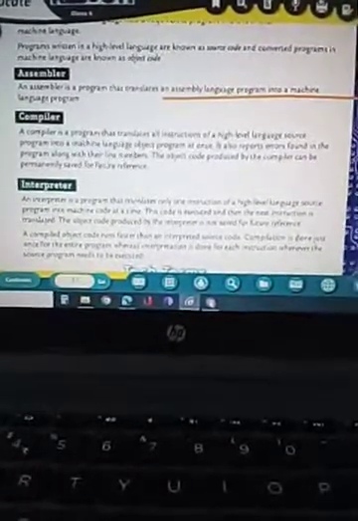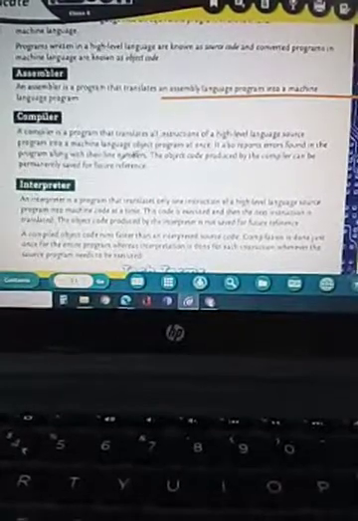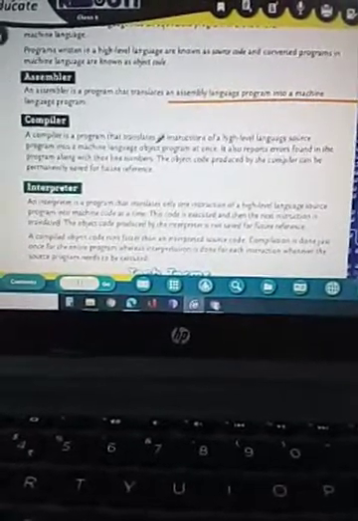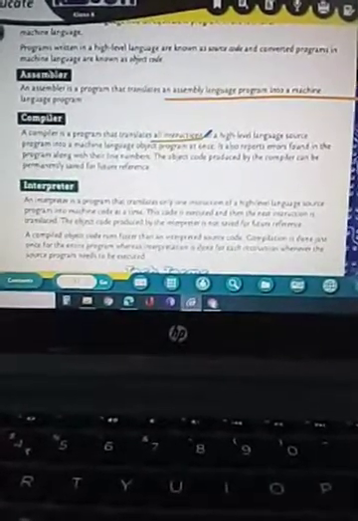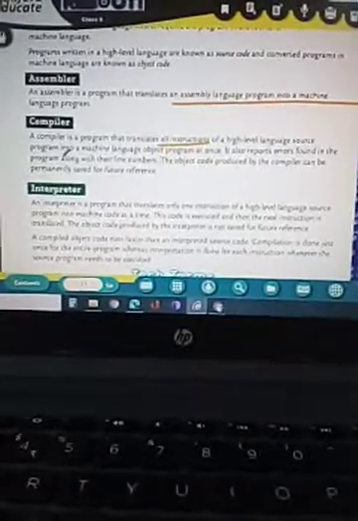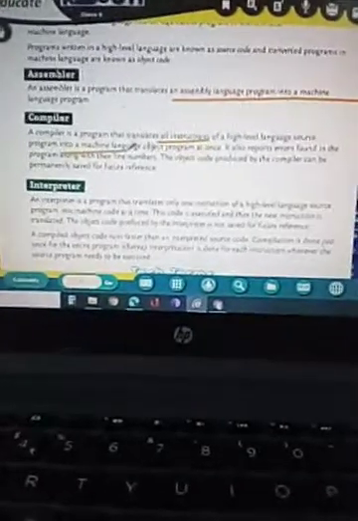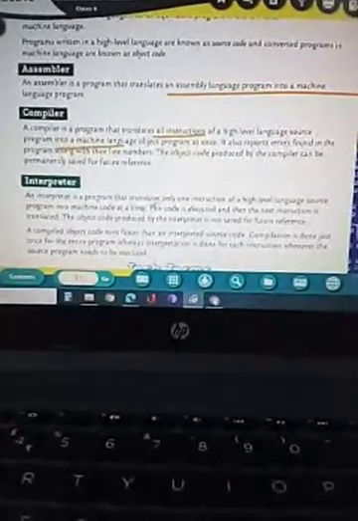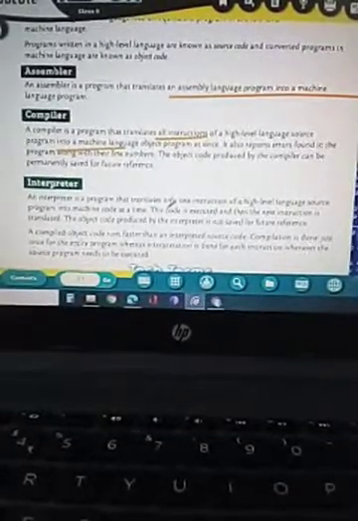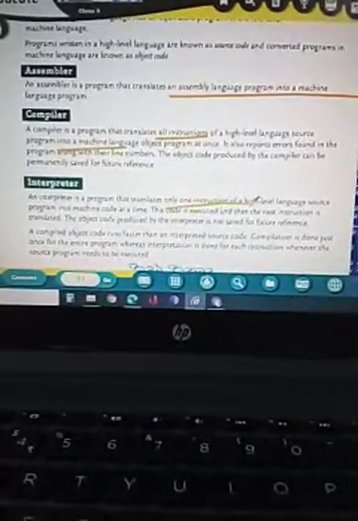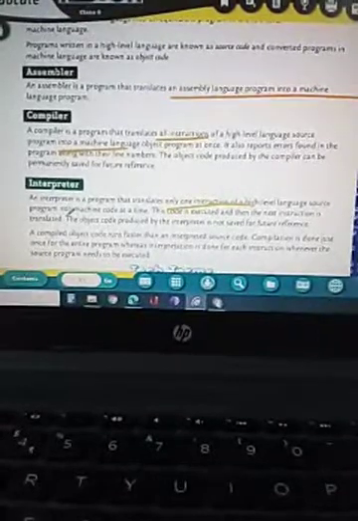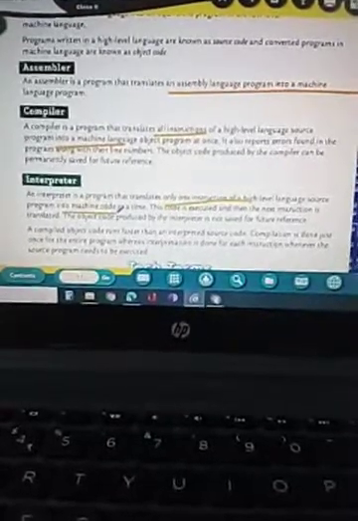And for the compiler, underline all of it, already in the table. And the interpreter converts into machine language one instruction after another, also into machine codes.